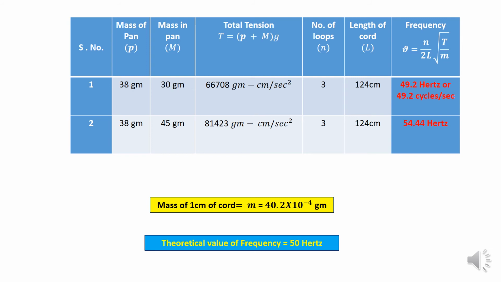Then we calculate the tension and see the number of loops. If some fraction is there, you can change the distance between the electric vibrator and the pulley. The length of the cord you can also measure with the help of a scale. Then we can calculate the frequencies. In this way we can measure the frequency of this vibrator with the help of the electrically maintained tuning fork.